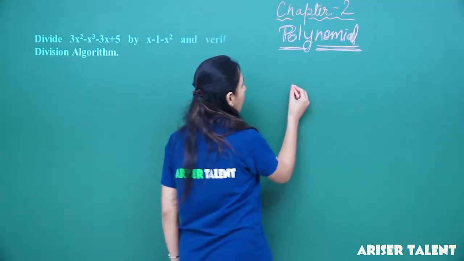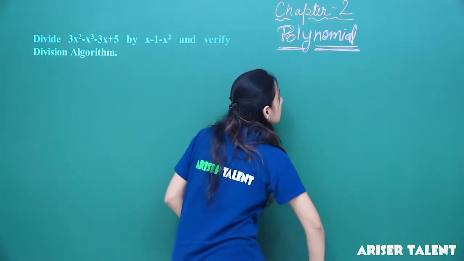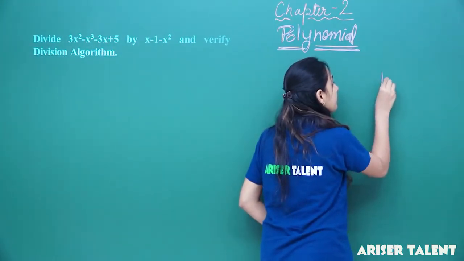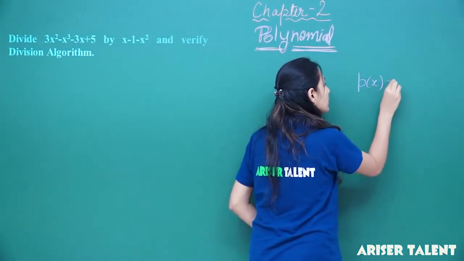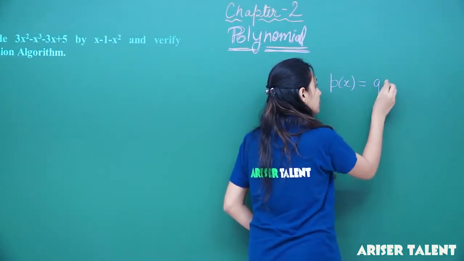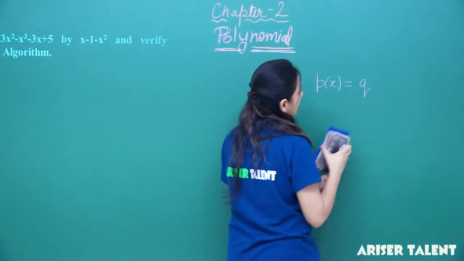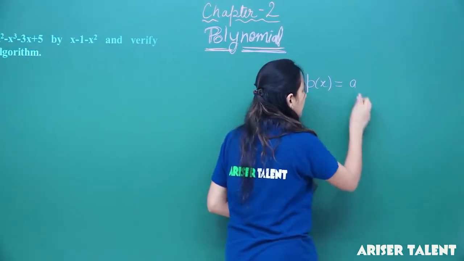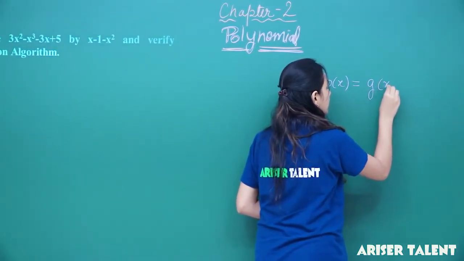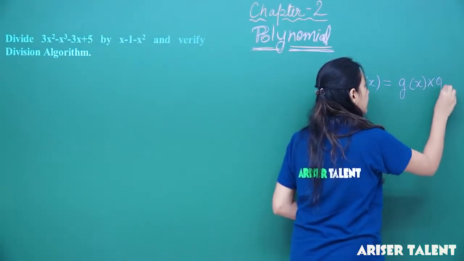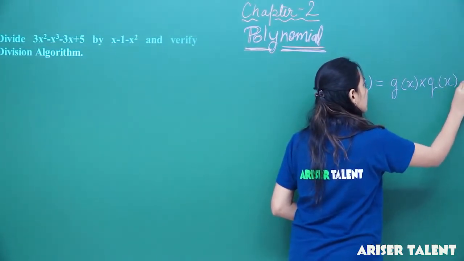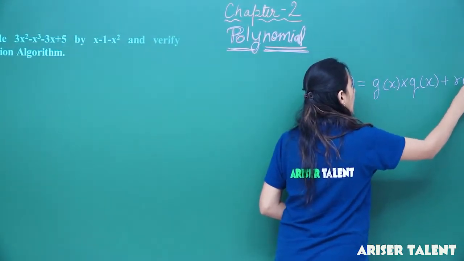Now that was Px equals to Gx multiplied by Qx plus Rx.